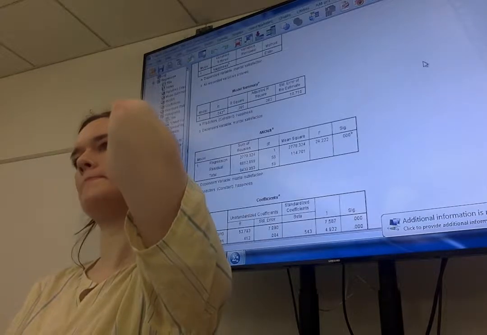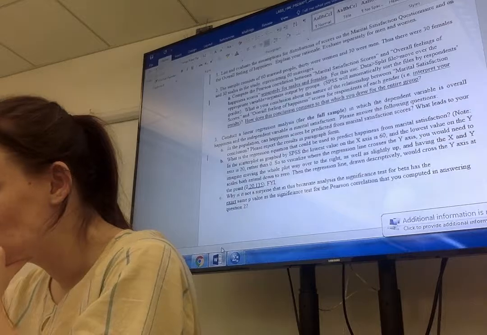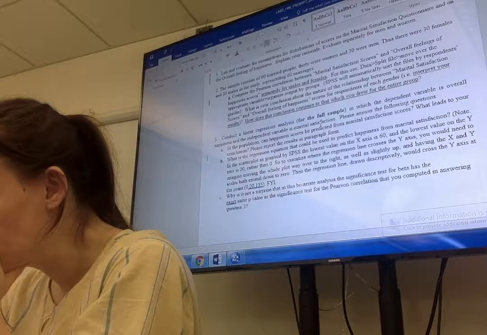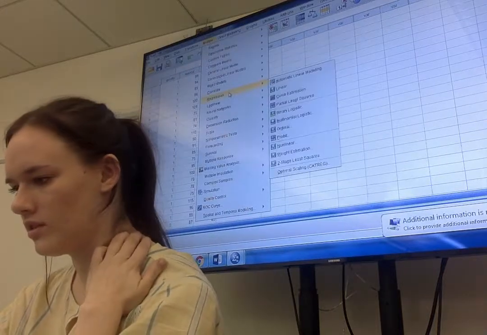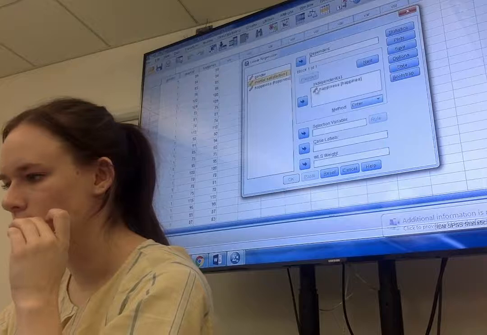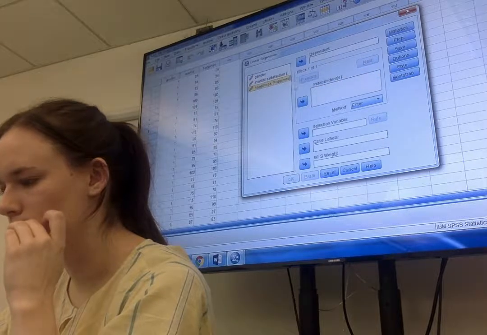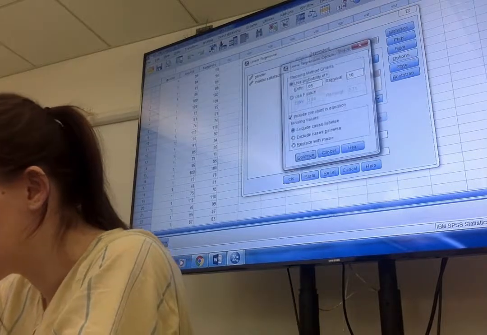The prompt says conduct linear regression in which the dependent variable is happiness. Did we do the opposite? Yes, we did the opposite. So let's switch that around. Good catch.